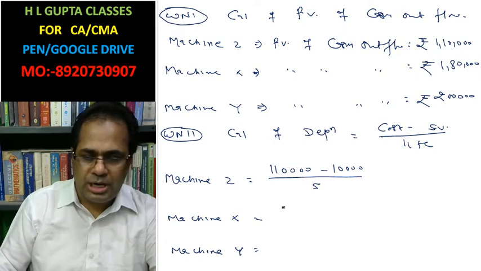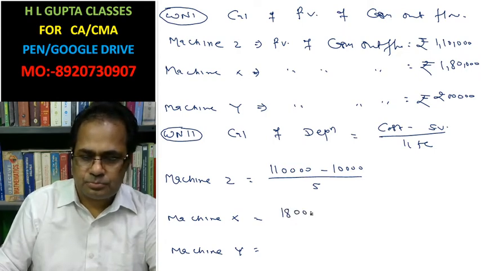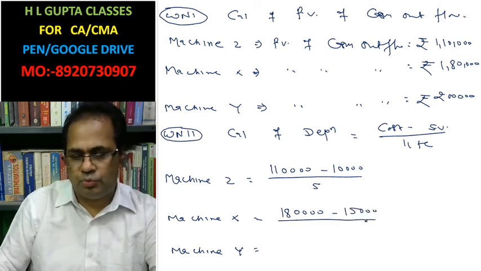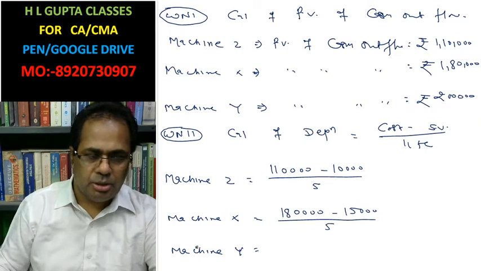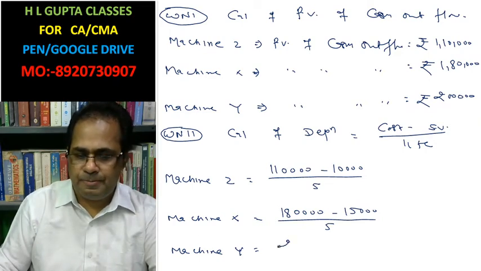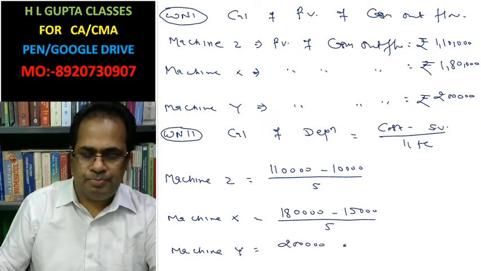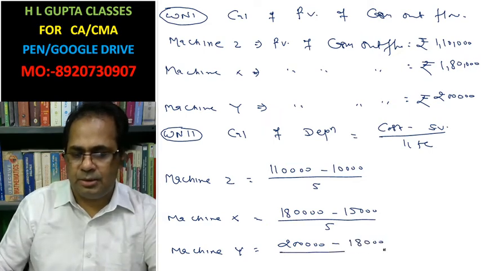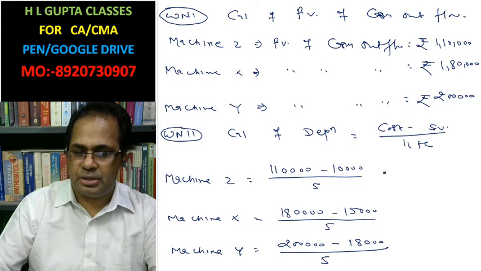Now for machine X, 1,80,000, scrap value is 15,000, and the life of the machine is also 5 years. Okay, now for machine Y, 2 lakhs, scrap value is 18,000, and the life of the machine is 5 years.